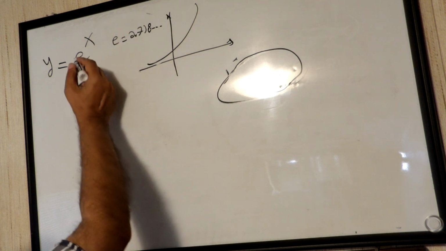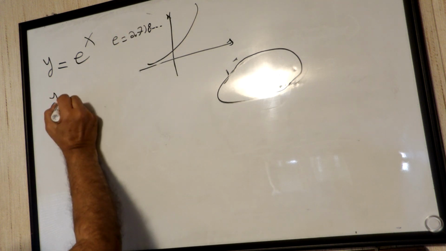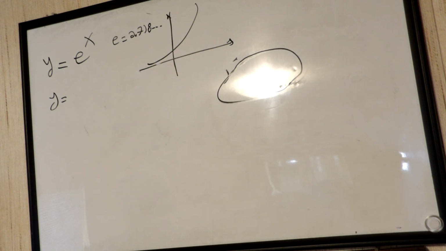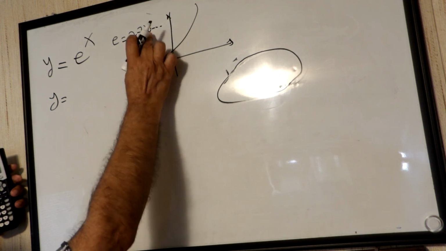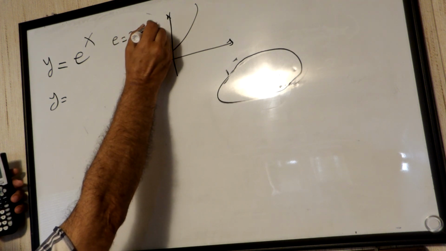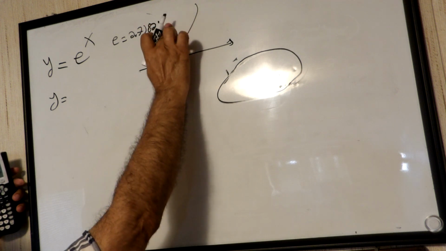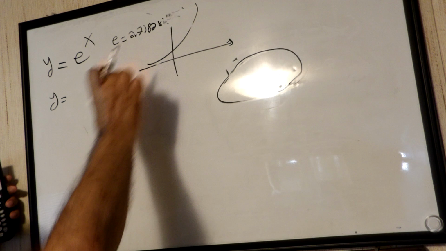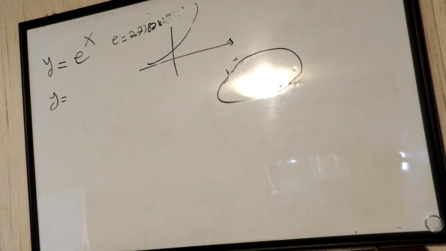It's just a number, but it has a lot of digits, 2.71828 and so on. It never ends. We talked about it in those numbers.